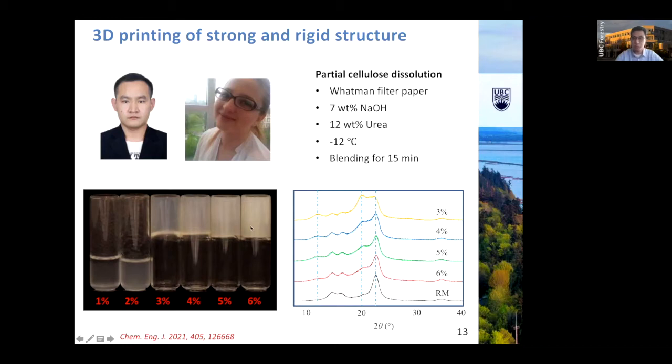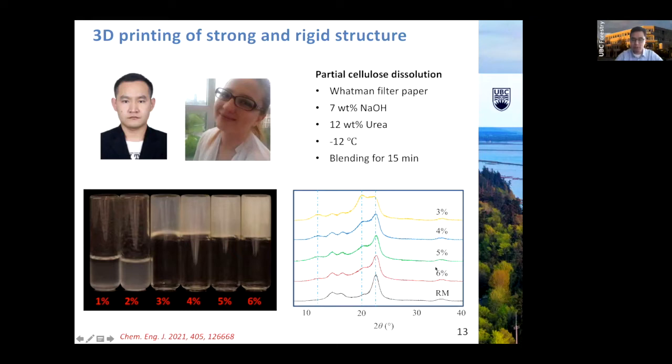By inverting the glass vial, we can see 1 and 2% are still flowable. Starting from 3%, it can hold to the glass vial, meaning they are forming a gel. Looking at the XRD spectrum, we can see the raw material shows the cellulose 1 structure, with the 3 peaks typical for cellulose 1.